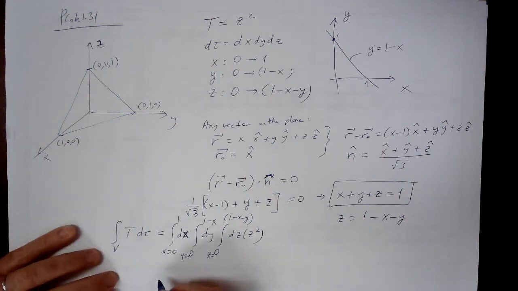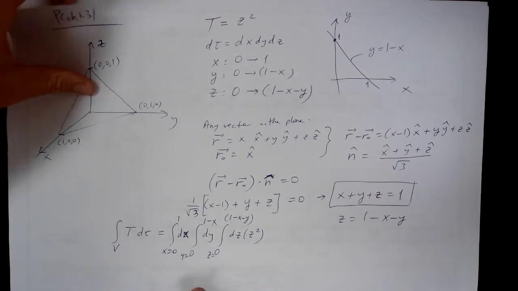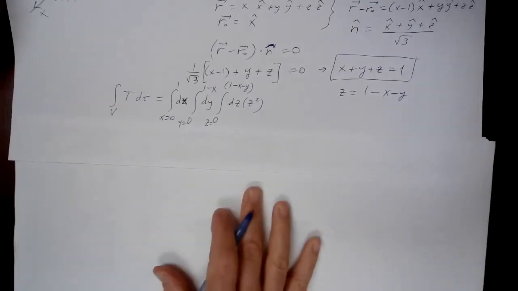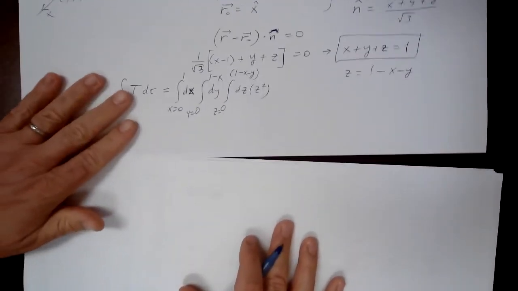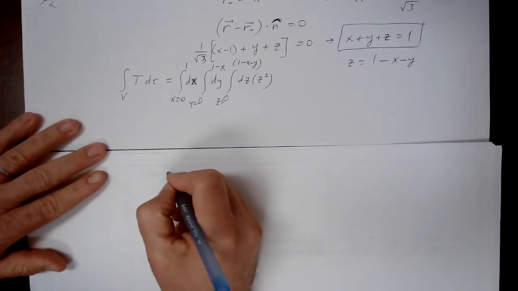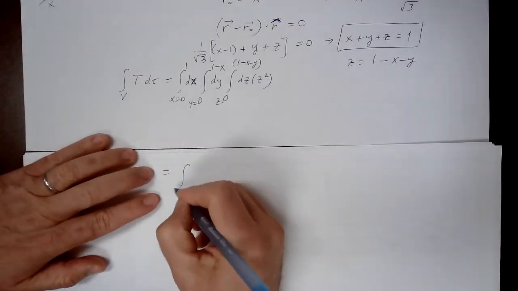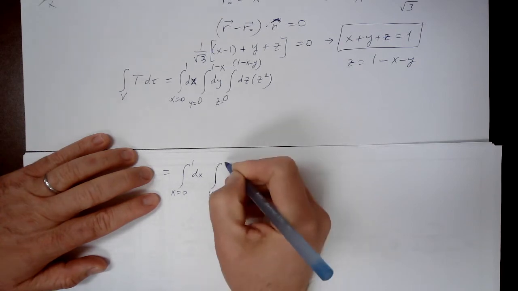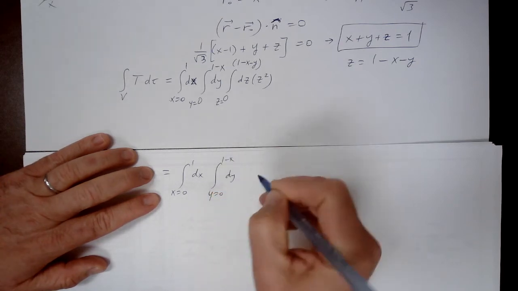The first one is pretty simple. So equals the integral of x from 0 to 1 dx, y from 0 to 1 minus x dy.